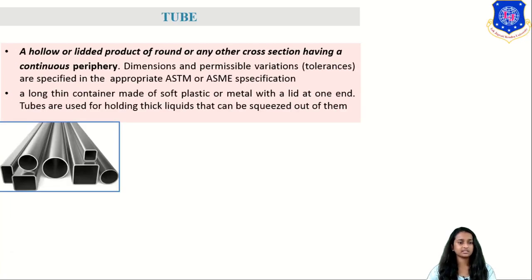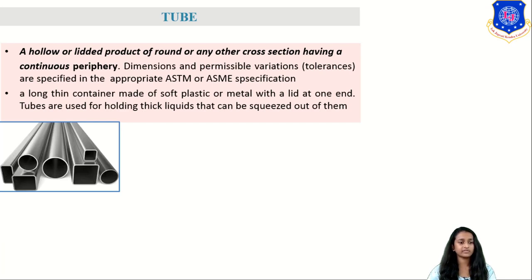Second is the definition of tube. What is a tube? A tube is a hollow or leaded product, meaning that both sides of the tube are open, or one side of the tube is closed by its own material, and which has a round or any other cross-sectional area.